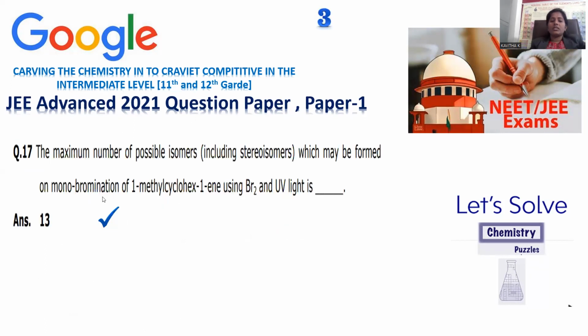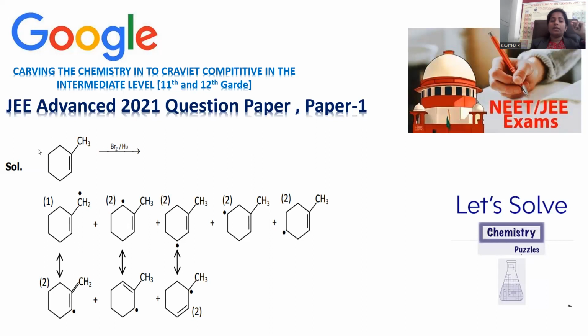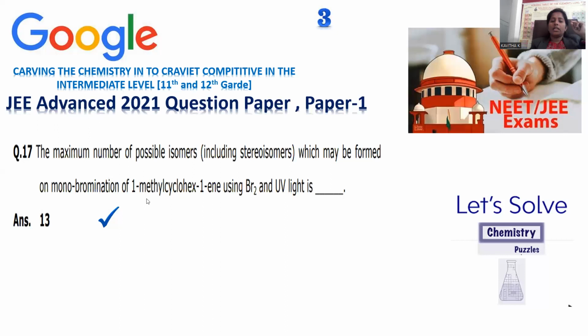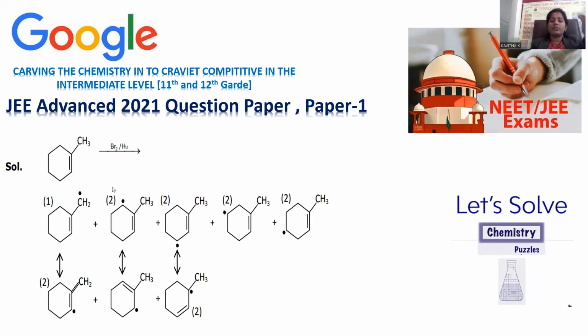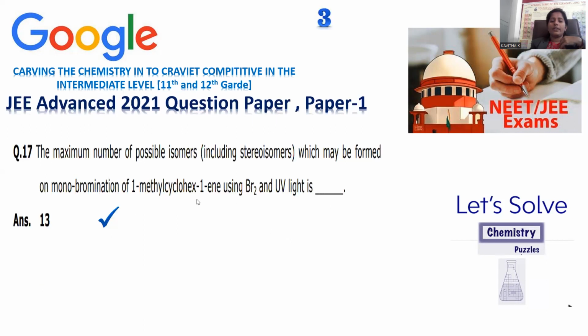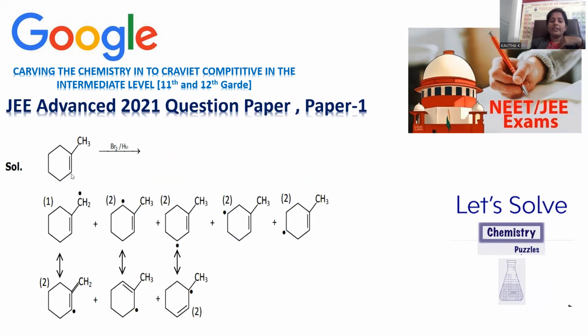So in order to answer such a question, whatever name is mentioned, first of all, we should have the fundamental idea of how to draw its chemical structure. In order to do this, we have to go for IUPAC nomenclature. 1-methyl cyclohexene, what does it mean? Cyclohexene means a cyclic compound is taken, one double bond should be introduced and one methyl must be there.